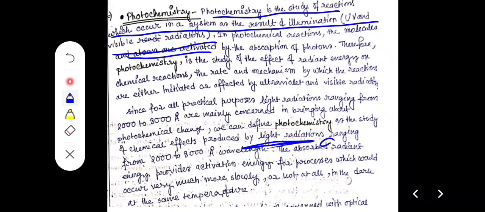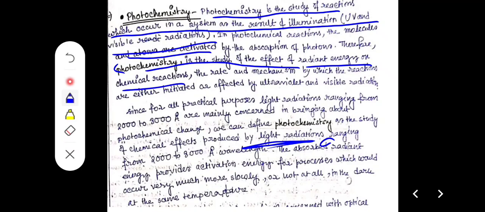Therefore, photochemistry is the study of the effect of radiant energy on chemical reaction. Only in chemical reactions, the effect due to radiant energy is termed photochemistry.